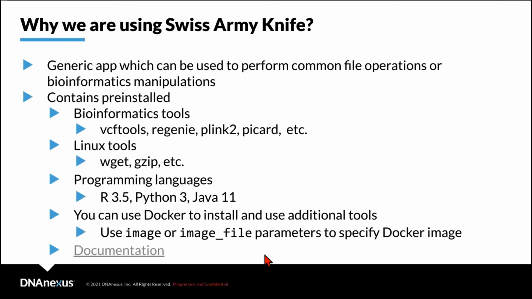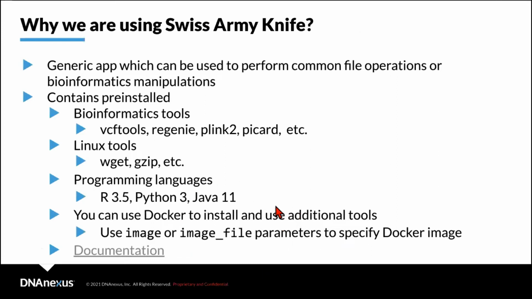So why are we using Swiss Army Knife? Let's say it's something like a new concept if you're coming from HPC. This is a generic app where, as I said, we can do the common operations. It has some pre-installed tools.